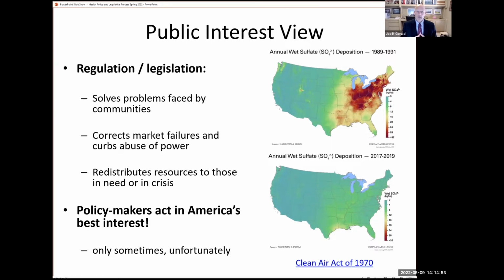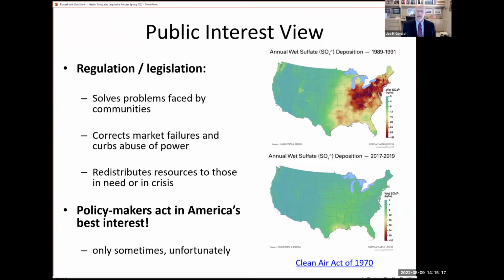It may correct market failures and curb abuses of power amongst business entities, for example, a monopoly, or it may redistribute resources to those in need or in crisis. And so thinking about anti-poverty programs or thinking about responses to natural disasters, regulation and legislation can help address each of these particular features.